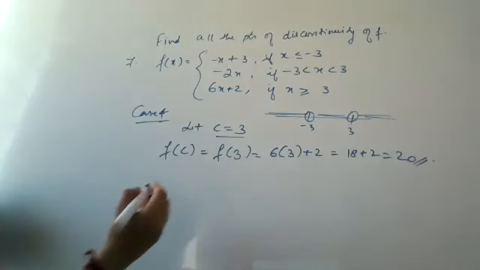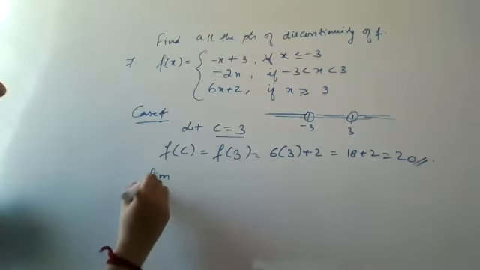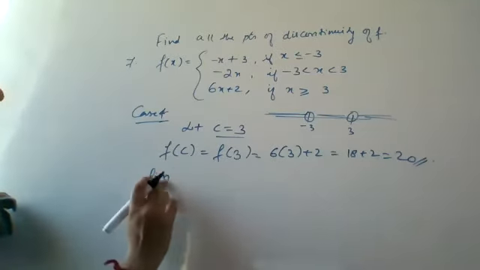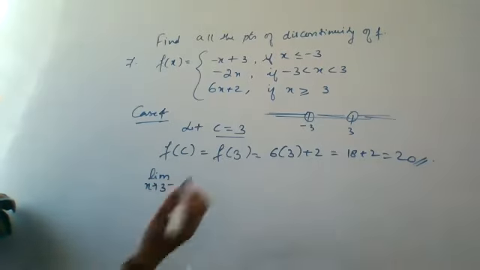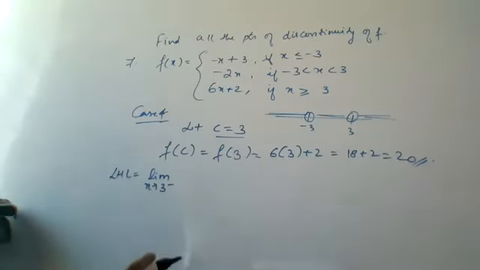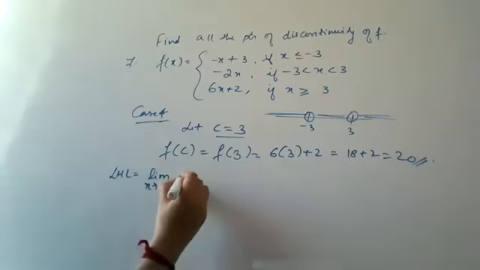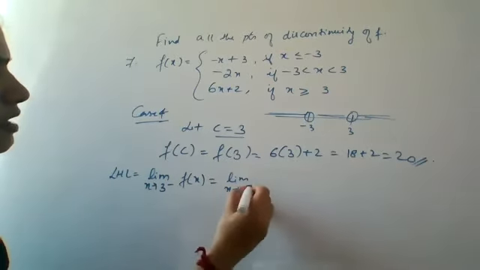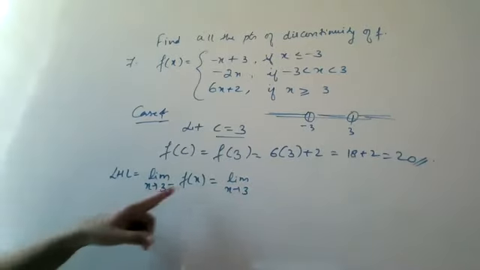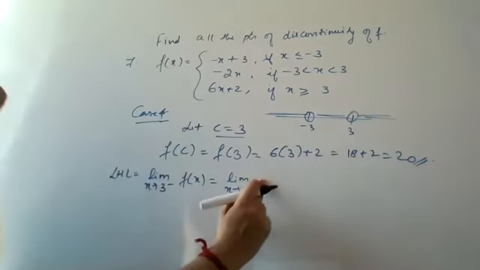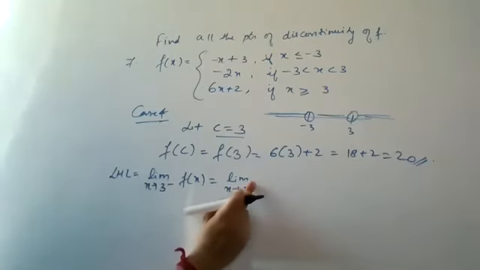Correct? Now you have to take your left hand limit, which is C minus. Instead of C minus, we can write 3 minus because we have taken C as 3. So this is your LHL, which is limit x tends to C minus f of x, which is limit x tends to 3 minus. When I say 3 minus, it tells you which side to take. After that, when you put the function value, you need not write 3 minus.